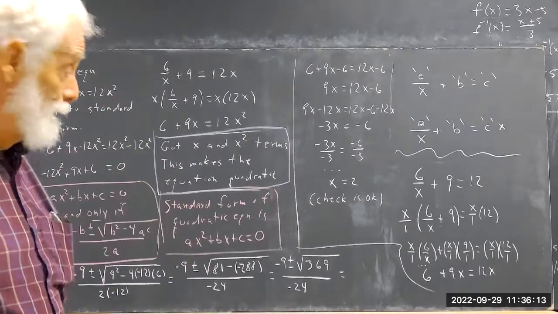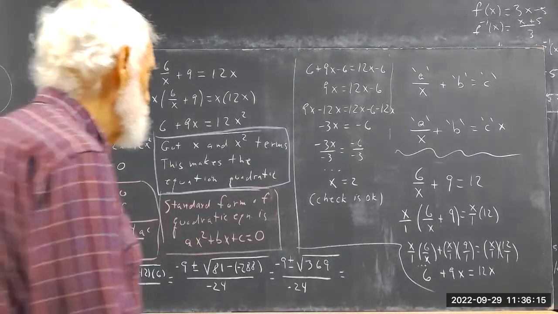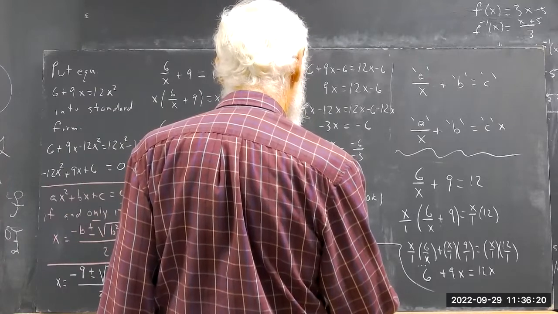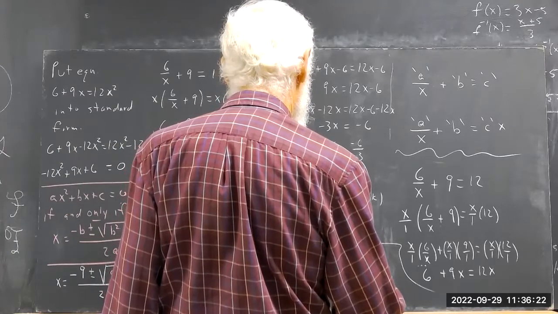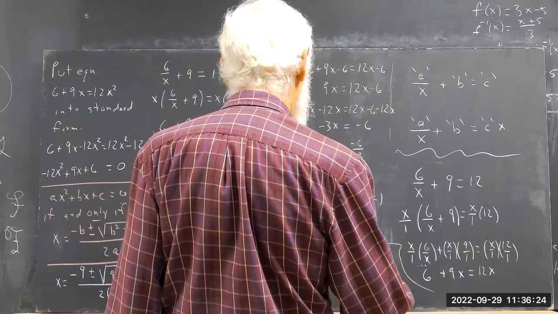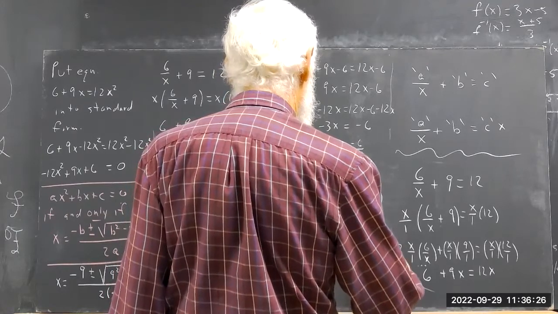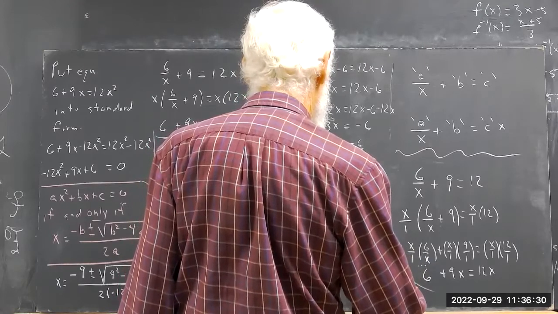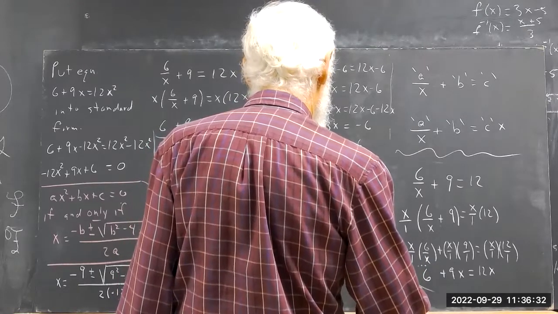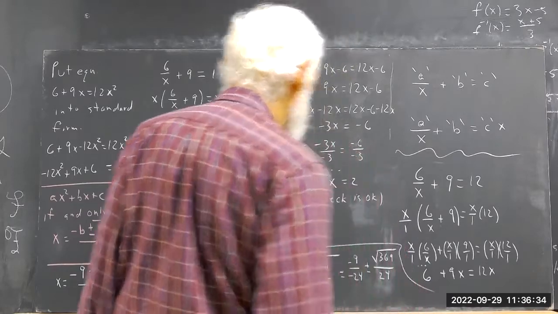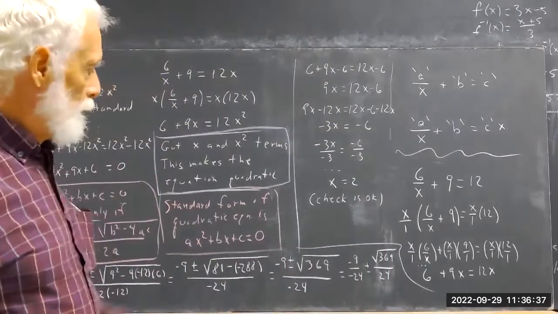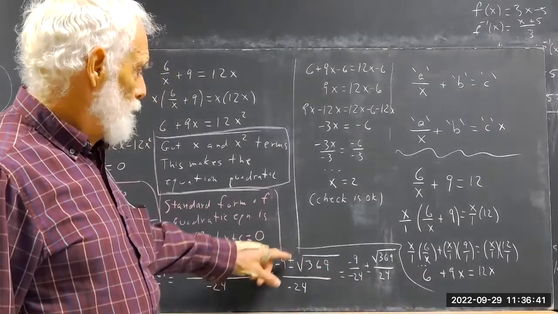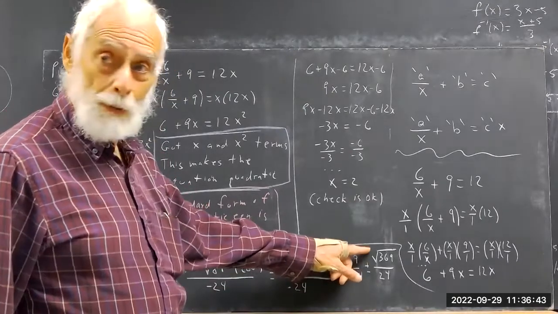Okay, so I'm going to write that as... Now notice I didn't write negative 24 down here because I'm doing a plus or minus on the square root of 369.